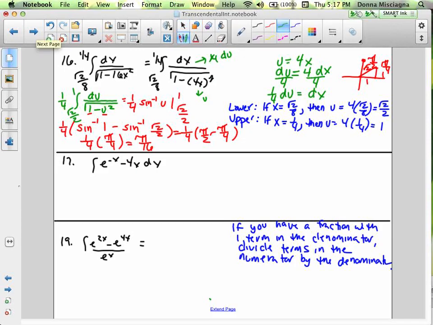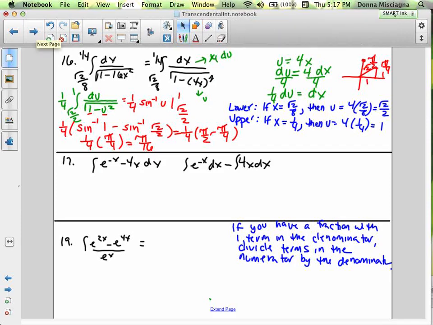All right, this one, we do have a tiny little u substitution. Why don't we break that up into 2? So this is equal to the integral of e to the negative x dx minus the integral of 4x dx. Don't need a u substitution on the second one. That's an easy one. The first one, an itty bitty substitution. u is negative x.